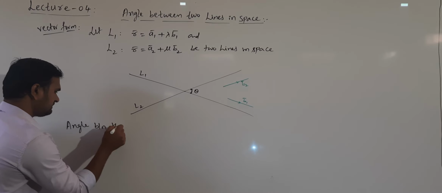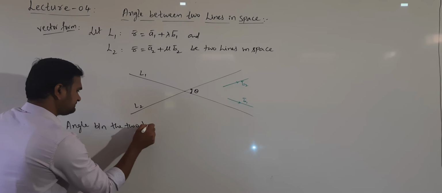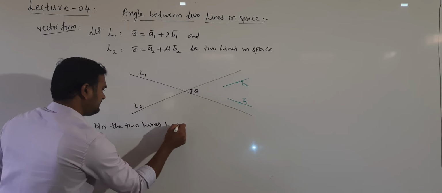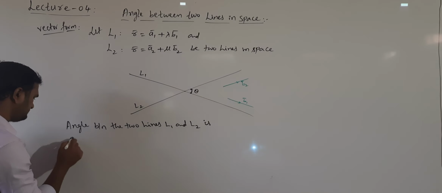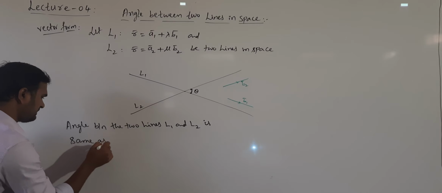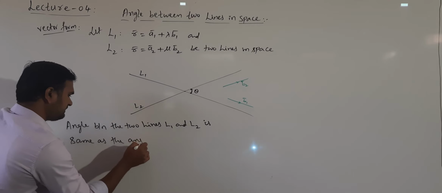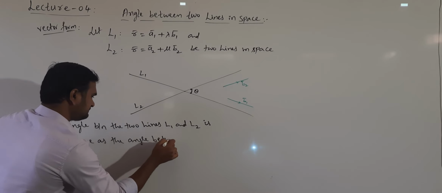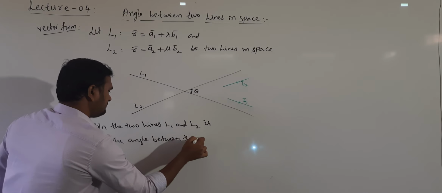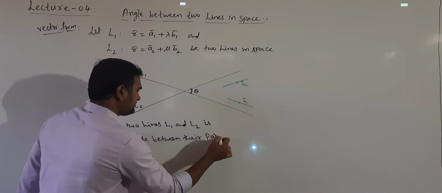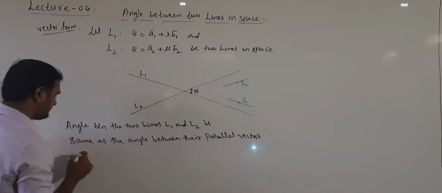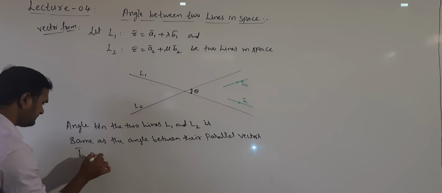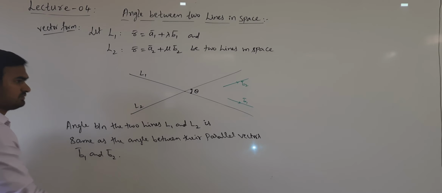The angle between the two lines L1 and L2 is the same as the angle between their parallel vectors b1 bar and b2 bar.